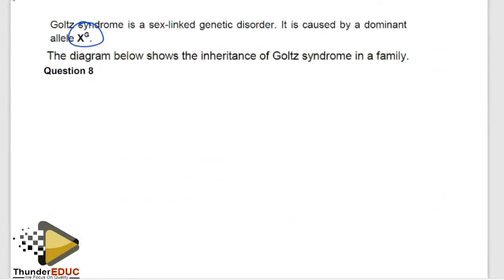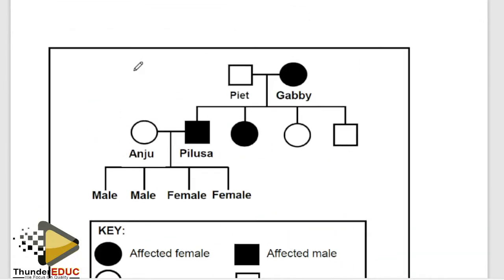But now let's go to, hey guys, the problem comes in when it is caused by a dominant allele. Okay, let's look at it. When the syndrome is sex linked and caused by a dominant allele. The diagram below shows this syndrome in the family. Now we are stating how many generations there are. There are 3: 1, 2, 3.